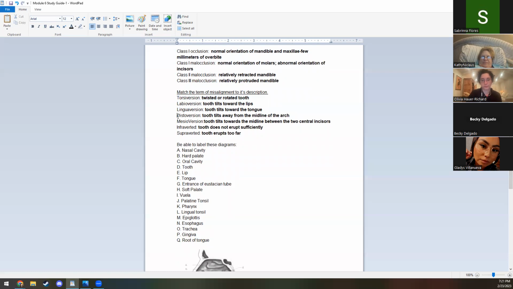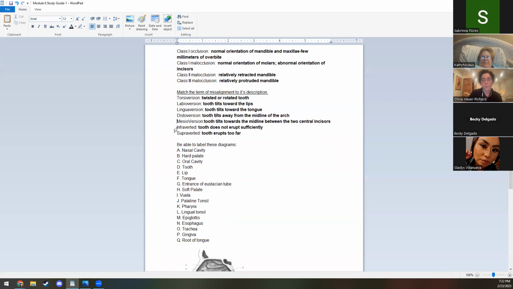Distoversion is tooth tilts away from the midline of the arch. Mesoversion, I don't know how to pronounce this one, tooth tilts towards the midline between the two central incisors.